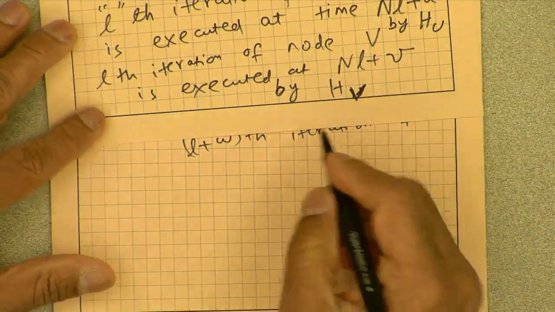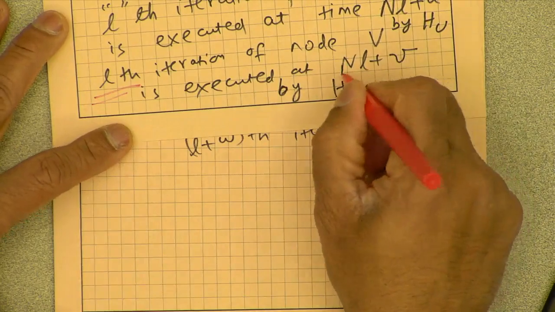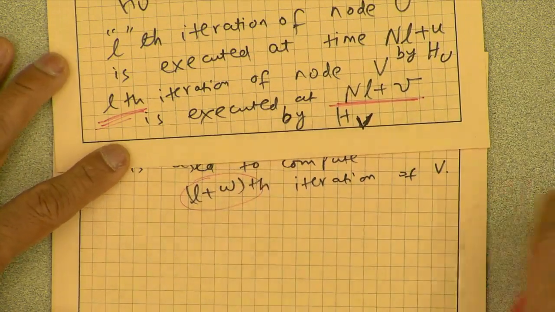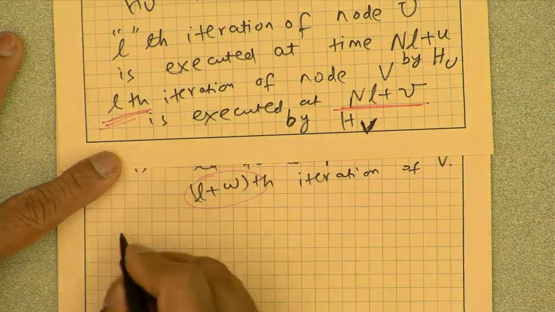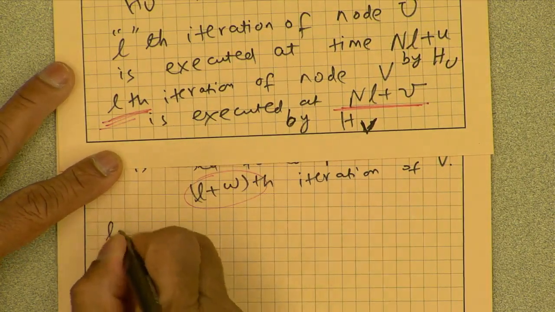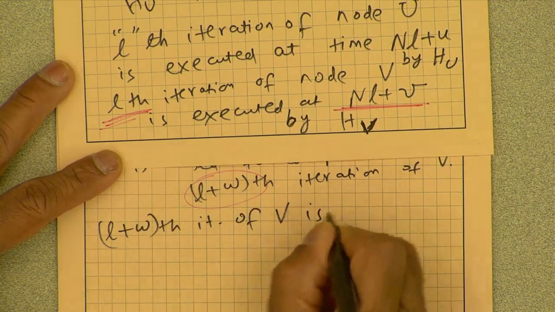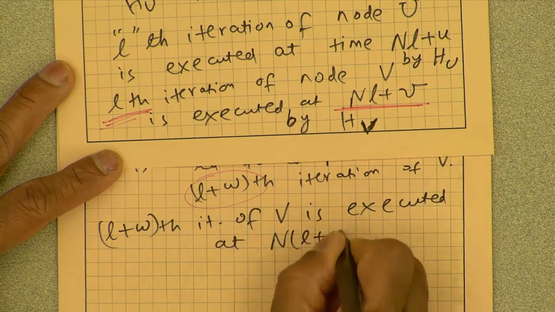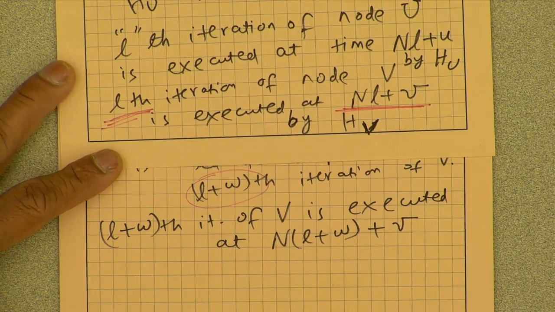So if the Lth iteration of V is executed at nL plus v, what time instance will the L plus Wth iteration of node V be computed? So replace L by L plus W. So the L plus Wth iteration of V is executed at n times L plus W plus folding order v. Any question about that? Okay.